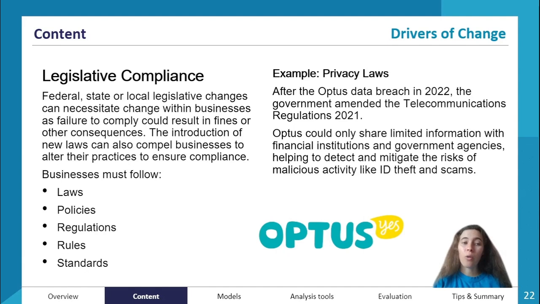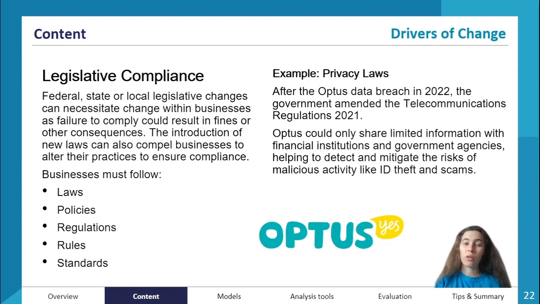Next up, our next driver of change is legislative compliance. So this one is pretty self-explanatory. When you have federal, state, or local changes in terms of legislation and laws, then businesses need to make sure they're changing accordingly. And if a business doesn't comply with those new laws, then of course you can have fines and a whole bunch of other consequences.